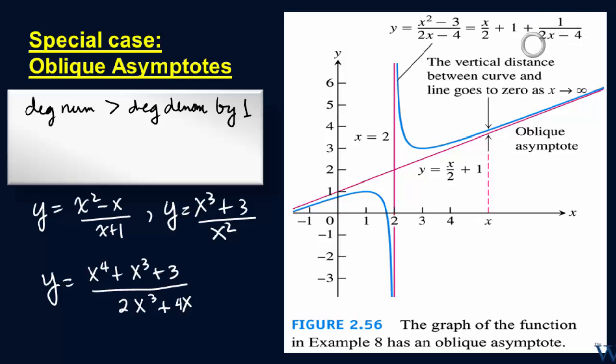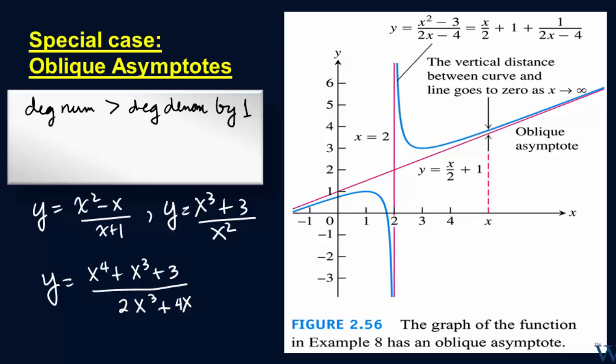So the oblique asymptote is this line, the quotient part, and if you come to think about it, as x goes to infinity, the remainder term goes to 0, and what's left over is really the line. So the function, the blue curve, approaches the red oblique line. So there's your oblique asymptote.